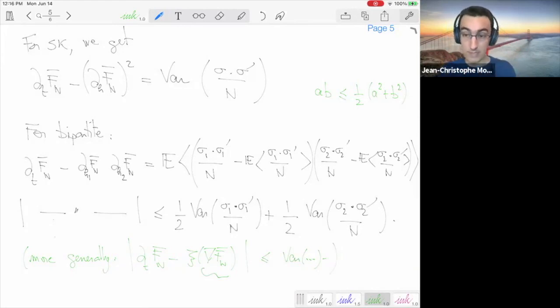So if you deal with a scalar model, then this just means that you want Xi to be convex on the positive half-line. For instance, if Xi is the cube function, then it's convex, because it's convex on the positive half-line. So in fact, for scalar models, all of the so-called p-spin models are examples for which Xi is convex.